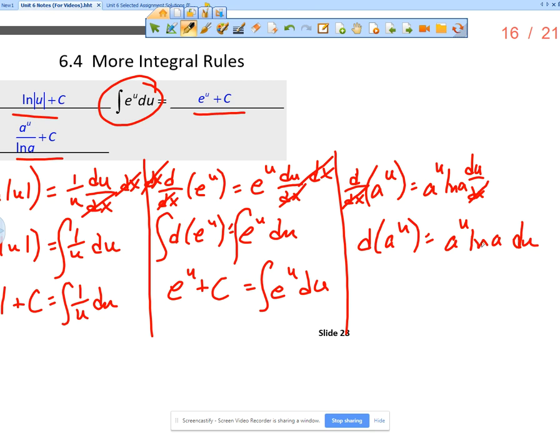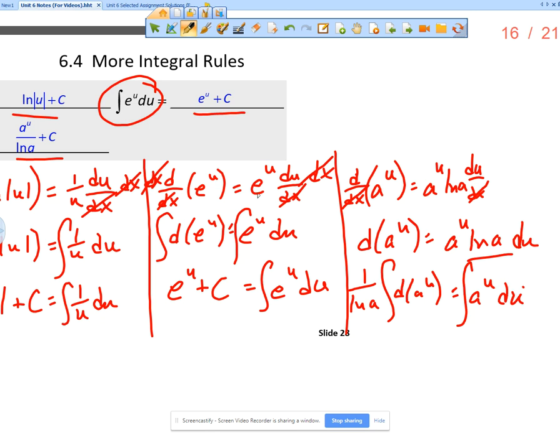But one key thing to keep in mind here: the natural log of a is a constant. So when we integrate both sides, we could bring that over and write it as 1 over the natural log of a times the integral of d a to the u equals a to the u du. Now we integrate here.